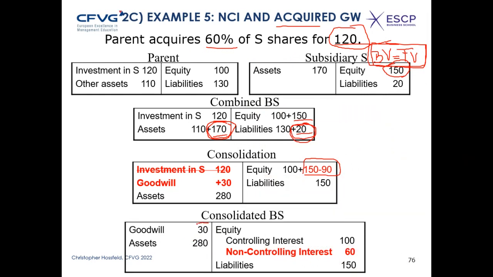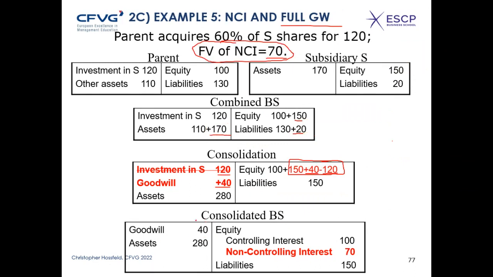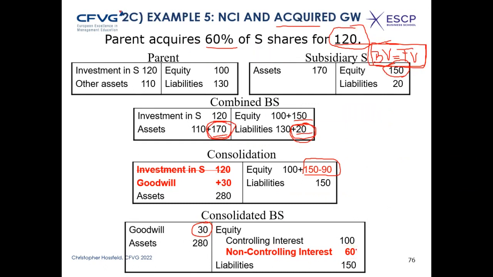Here in the acquired goodwill, I have a goodwill of 30. In the full goodwill method, I have a goodwill of 40. Okay, that's one difference. And if I have higher assets here of 10, there has to be a difference of 10 somewhere else. Where is it? Well, it's in NCI. Here the NCI are 70 in the full goodwill method. In the acquired goodwill method, NCI are only 10.